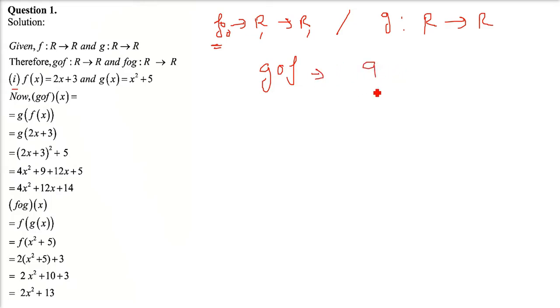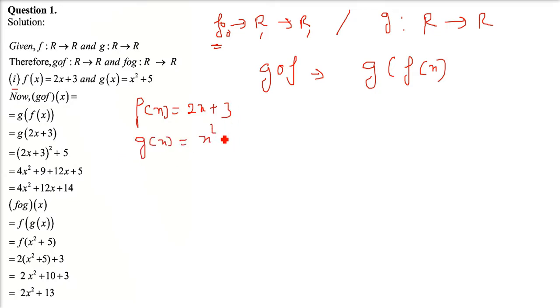So you will take f(x) as x for g. That means you will take the whole function value of f(x) and put it in place of x in g(x). For example, f(x) is 2x plus 3, g(x) is x square plus 5.